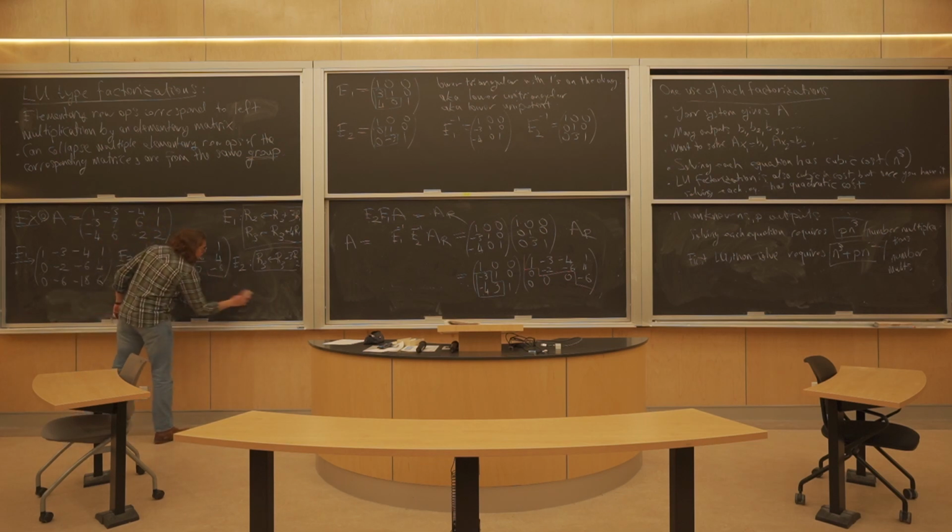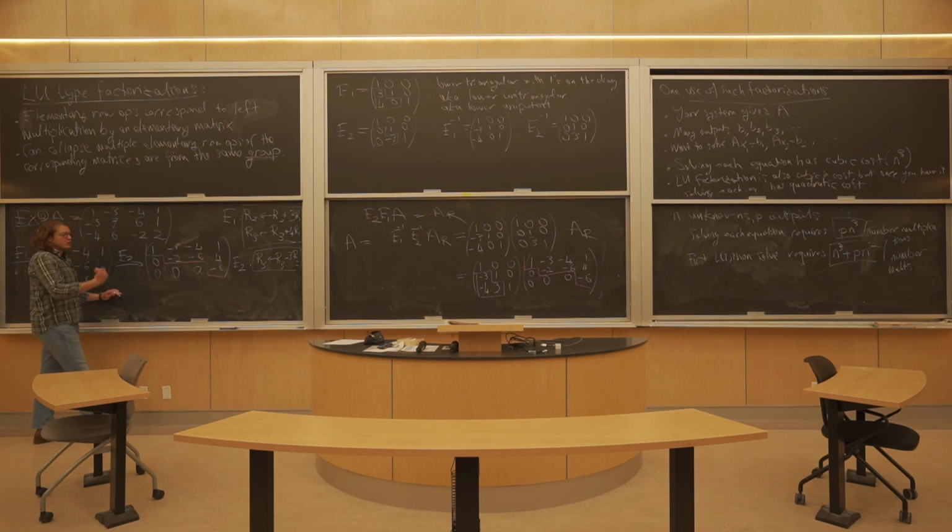Let me erase this. At this stage, I can't use a lower triangular matrix to simplify things even further, but I can scale the second row and the third row. Let me call this E3.